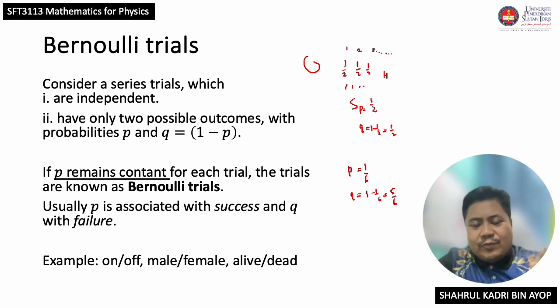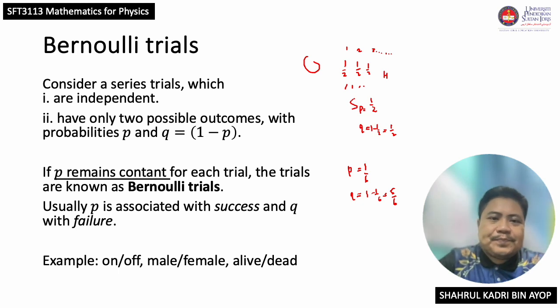So every time we roll the dice, the probability of getting a 2 remains constant, 1/6 for every trial. So this is an example of what we call a Bernoulli trial.